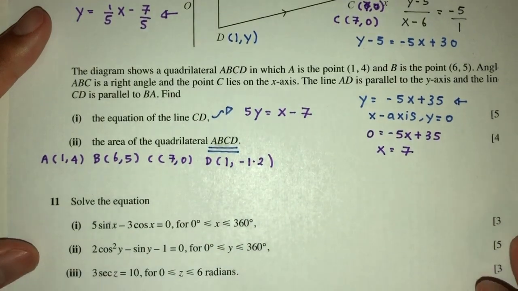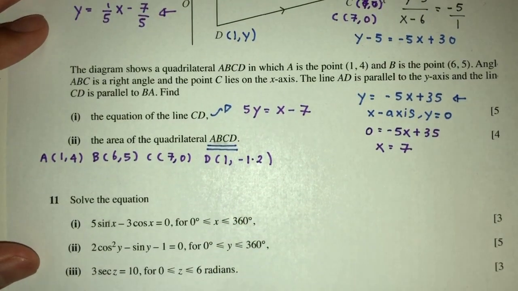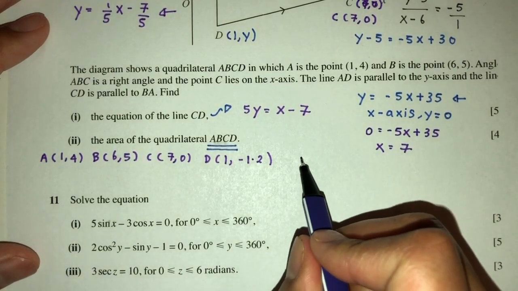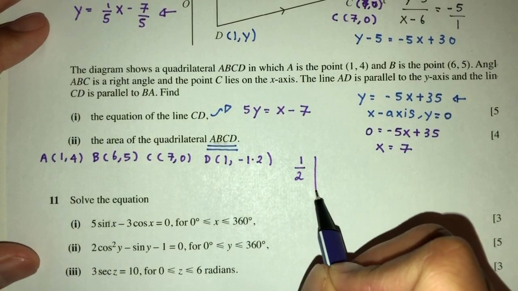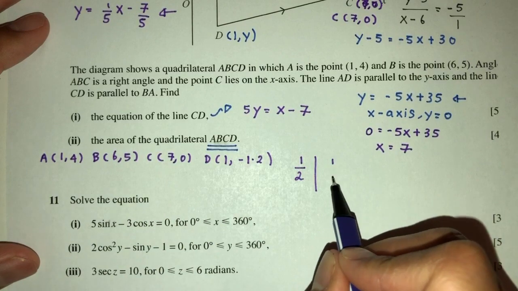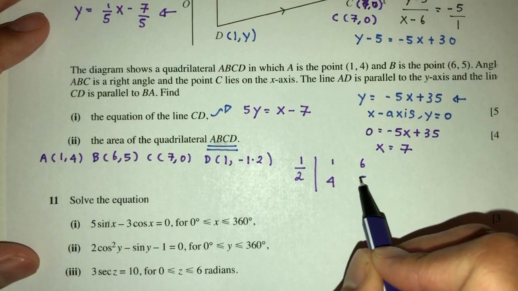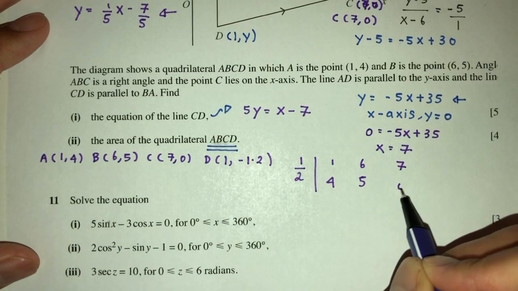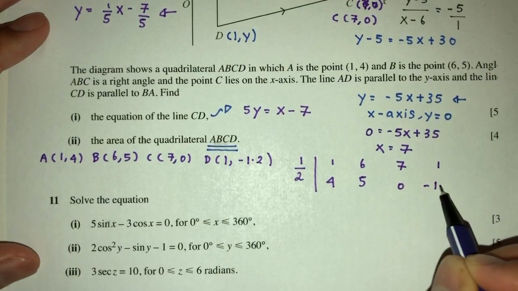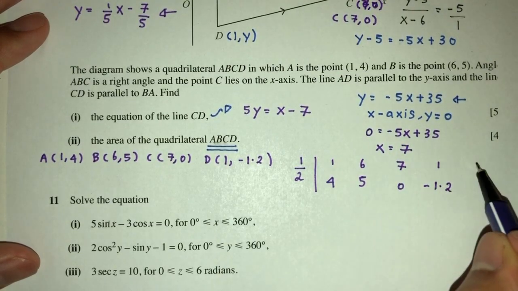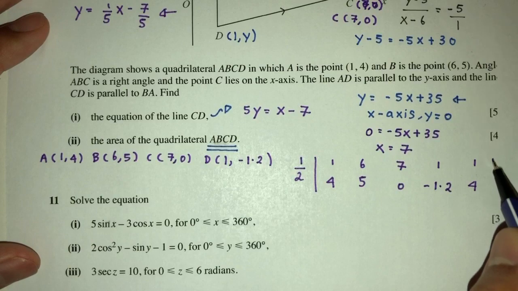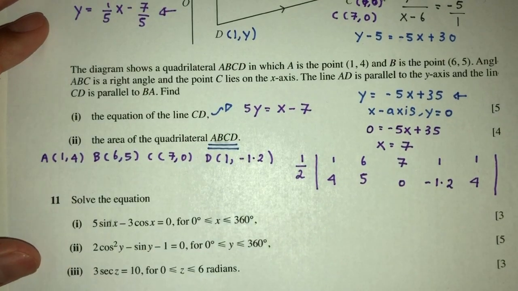So let's use the formula to find the area of this shape ABCD. That will be half the modulus of the first point, 1, 4. Then we have 6, 5, 7, 0, 1, minus 1.2, and then we have to end with the first point. So when you begin with a point, you have to end with the same point.